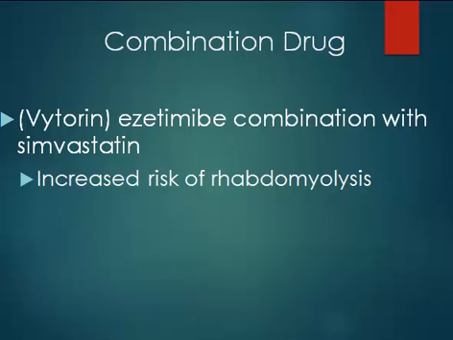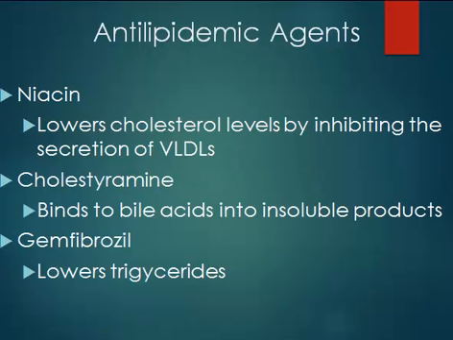Unfortunately, this combination has been linked to that increased risk of rhabdomyolysis. So it's just something to be aware of. It's still pretty rare, but it can happen. And these drugs are used probably much less often.